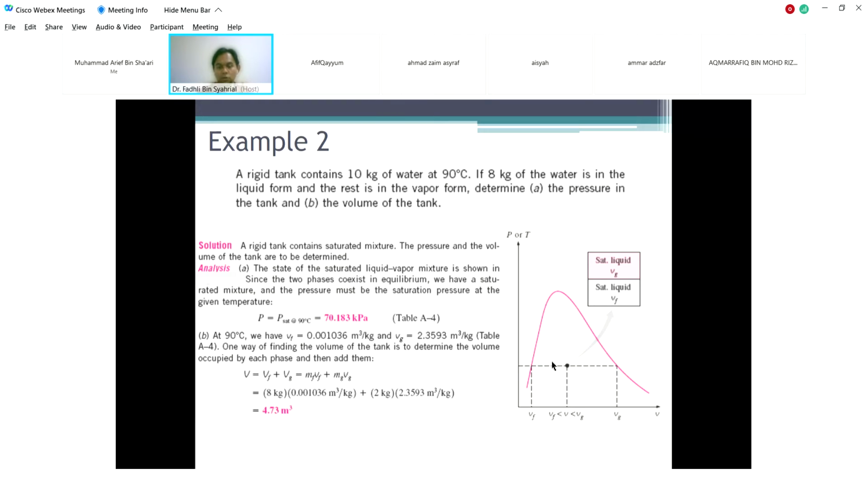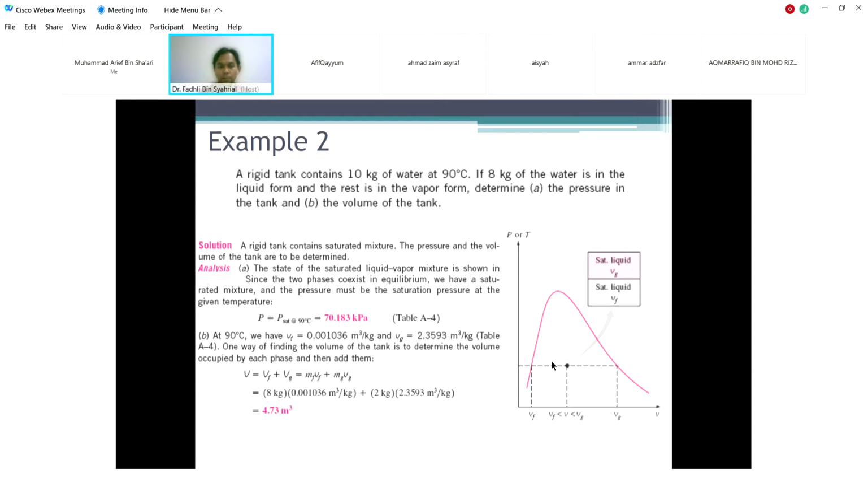Now we have table A4 and table A5, right? As I mentioned just now, table A4 is for temperature and table A5 for pressure. In this case, temperature is given, 90 degrees C, so look at table A4.